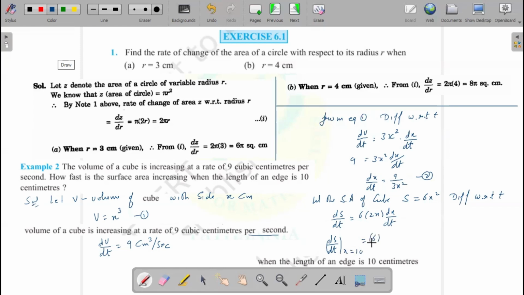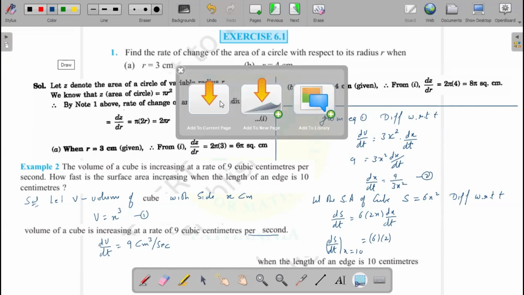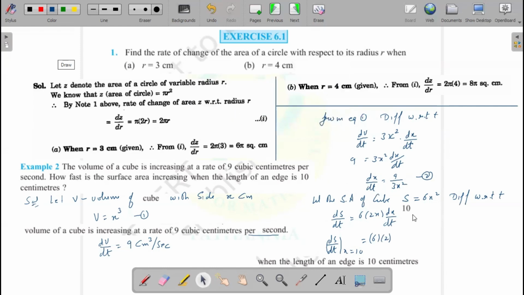So 6 into 2, in place of x, you substitute the value 10, and dx upon dt from equation second is 9 upon 3x square, whereas in place of this x, you again substitute x as 10.